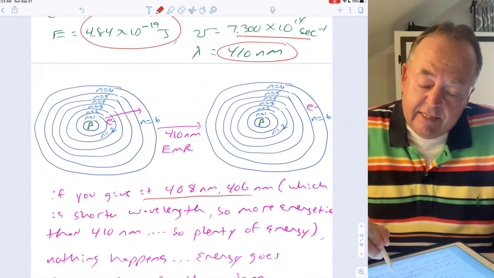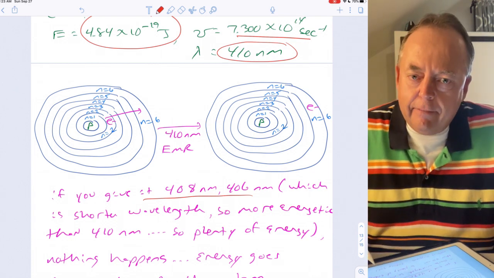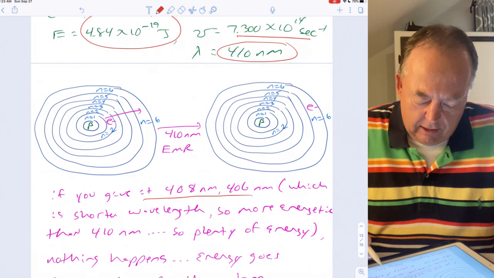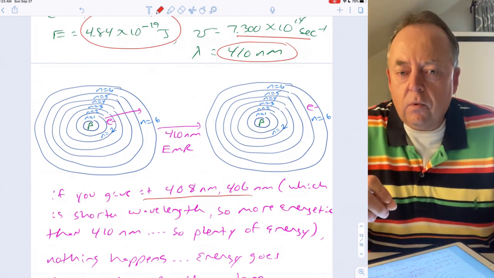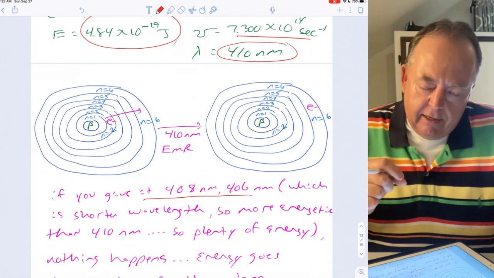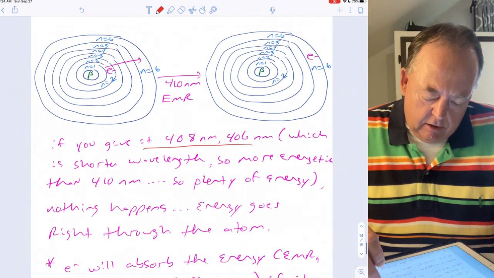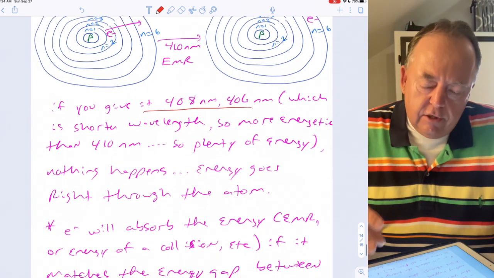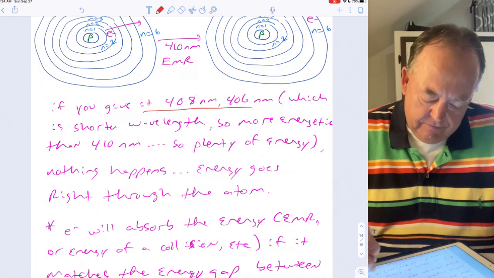So this is plenty of energy to move from the 2nd to the 6th shell, but does it happen? The answer is no. Why not? Because it's not 410 nanometer light. If you want to do transitions in the quantum world, you have to give electrons the exact amount of energy that they need. Otherwise, if you give it the wrong energy, the energy just goes right through the atom and nothing happens, right?